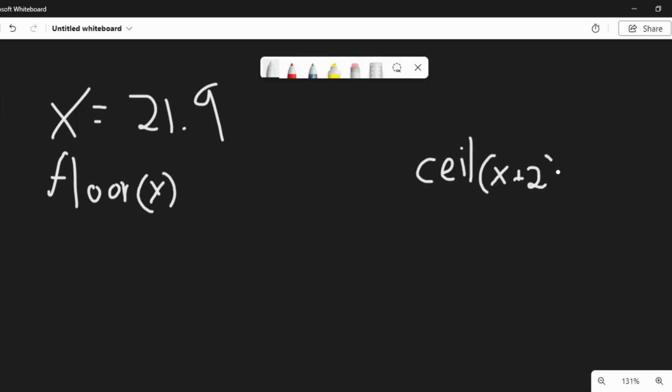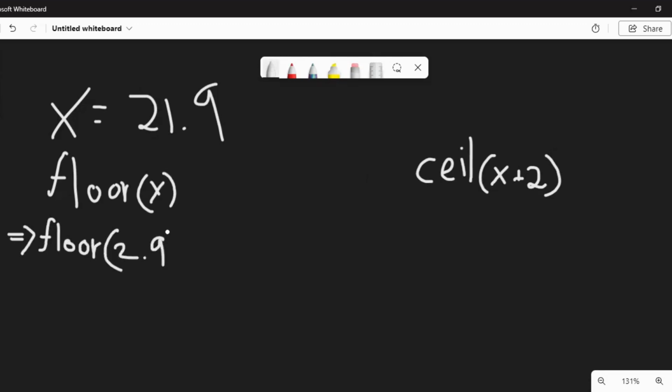So, the floor of 2.9. When we substitute x with 2.9, we have the floor of 2.9, correct?